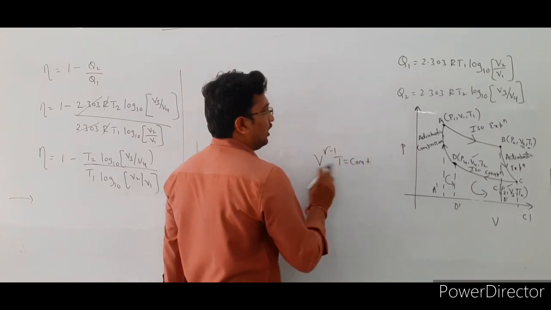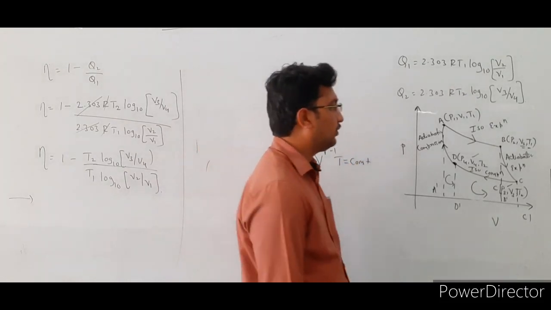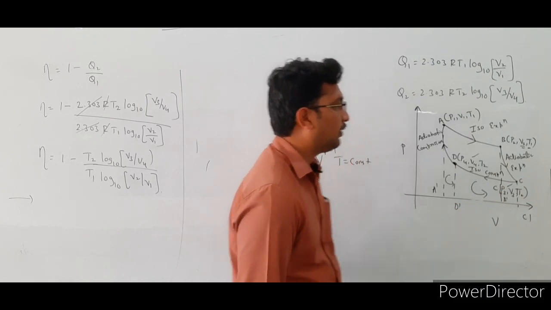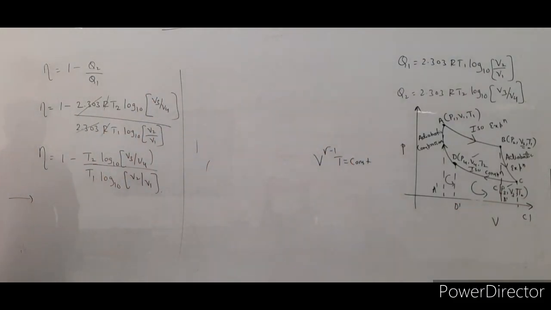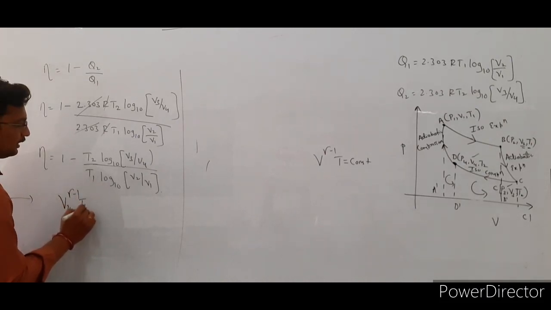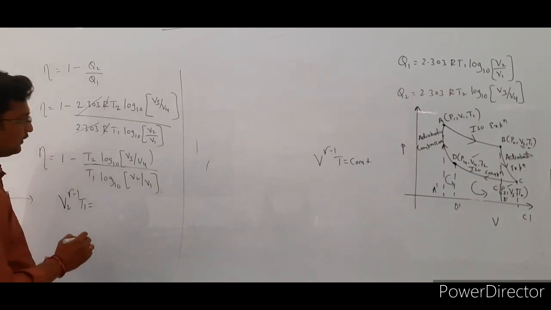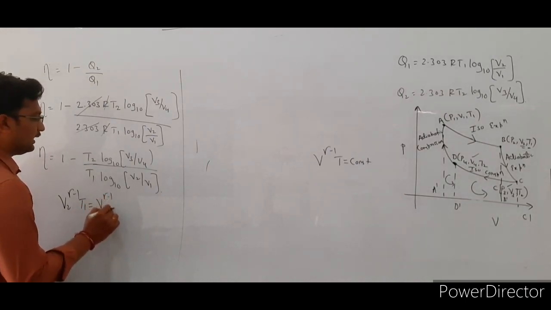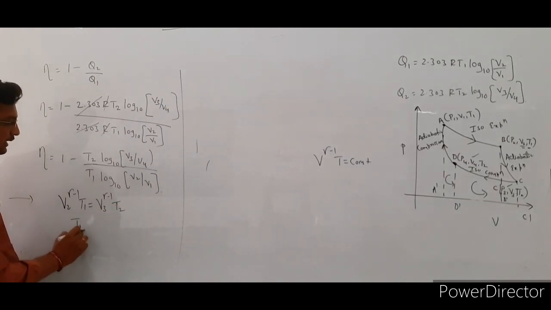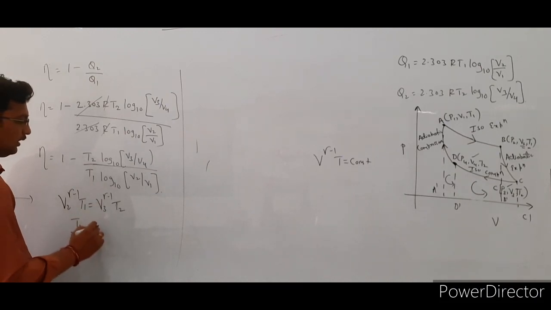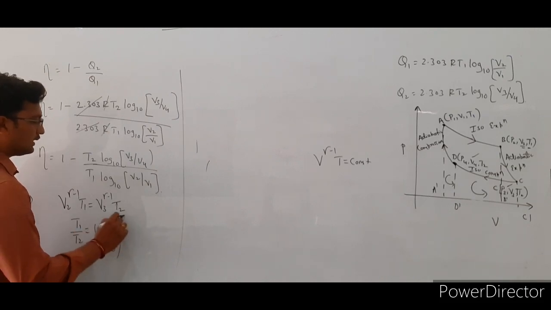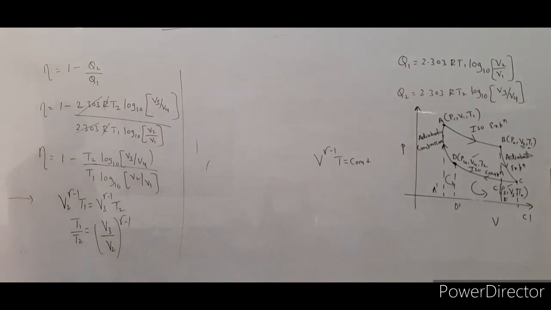Here we are going to connect the volume and temperature at point B and at point C. At point B, the volume is V2, V2 to the power gamma minus 1, and the temperature is T1, that is equal to, at point C, the volume V3 to the power gamma minus 1, temperature T2. So from this relation, T1 by T2 is equal to V3 by V2 to the power gamma minus 1.